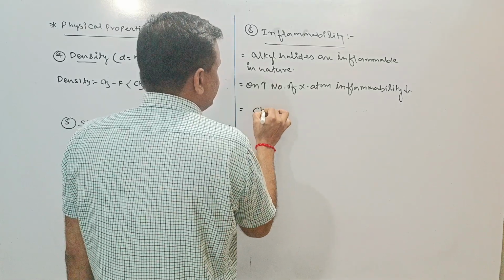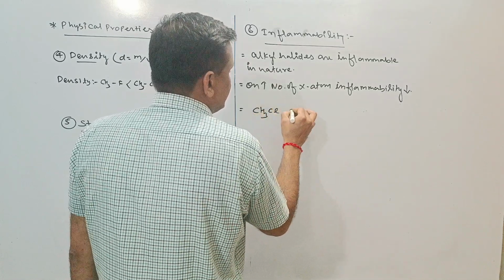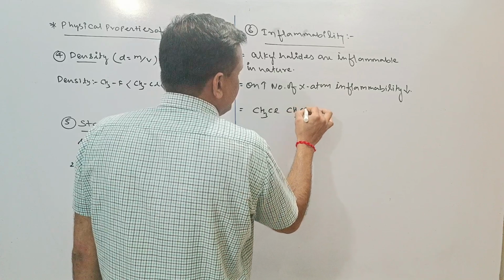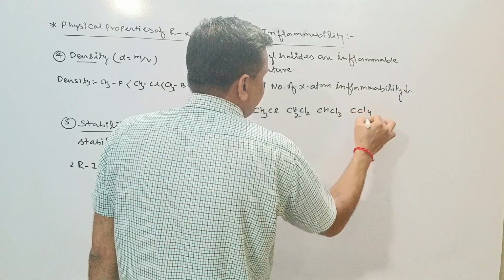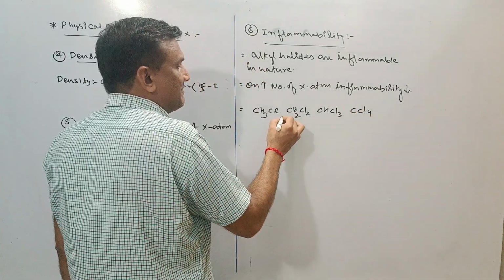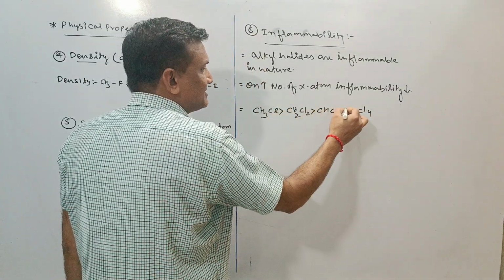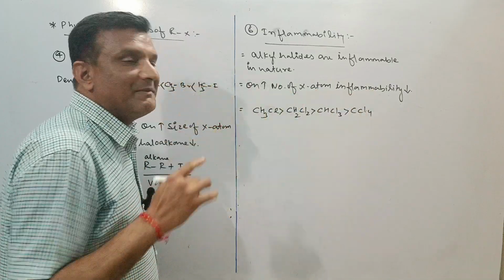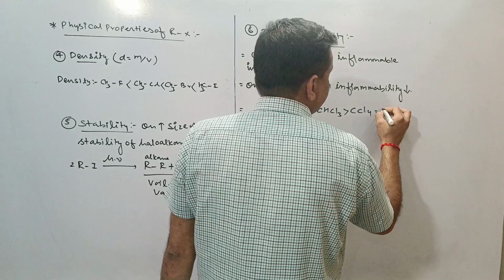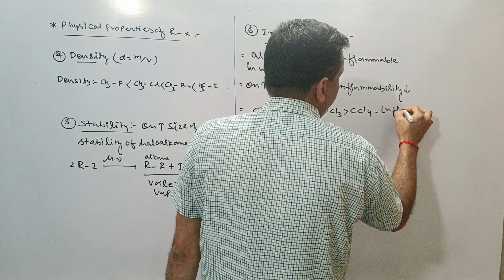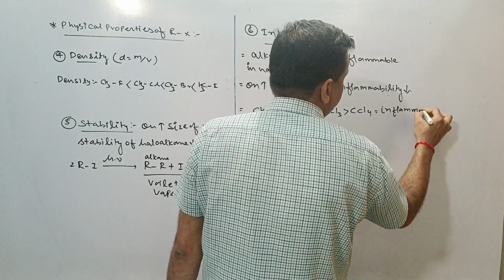This is CH3Cl, this is CH2Cl2, this is CHCl3, this is CCl4. If we go with the inflammability, then on increasing number of halogen, inflammability decreases. So this is the sequence of inflammability.